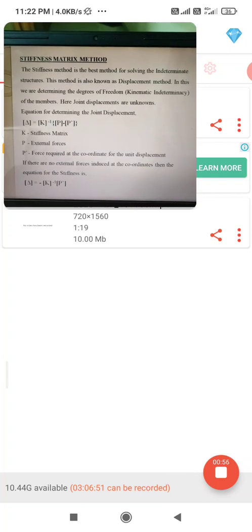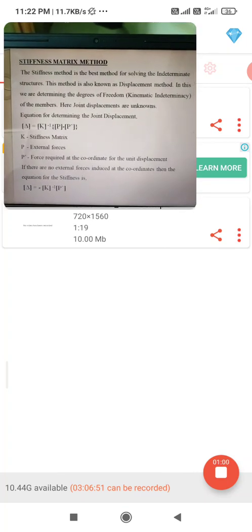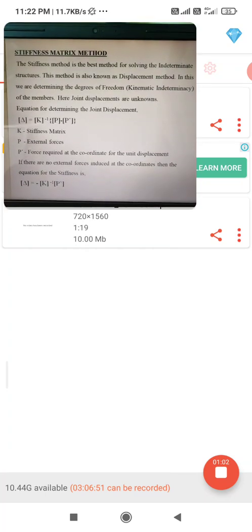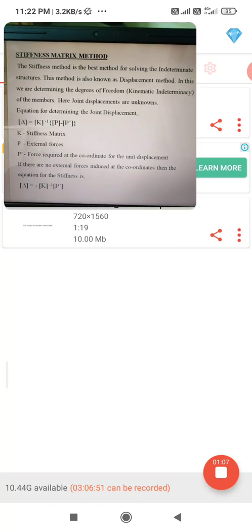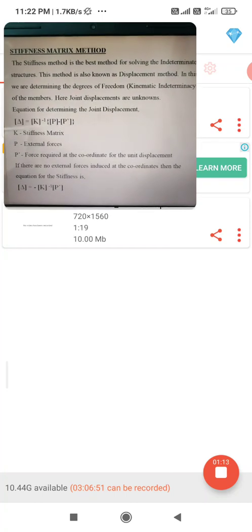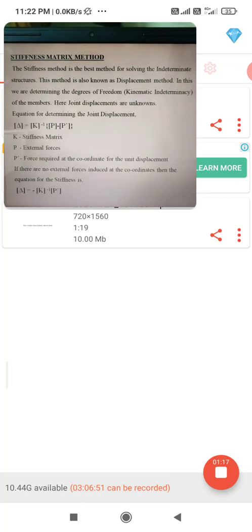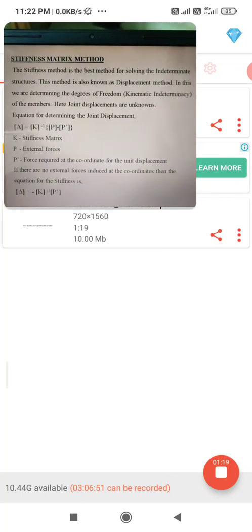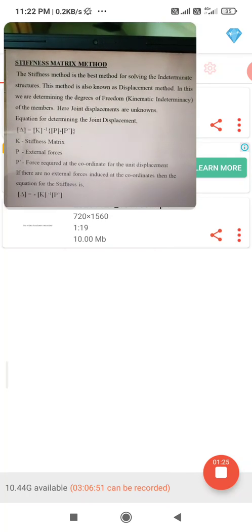The equation for determining the joint displacement is delta equals K inverse (P minus P dash), where K is the stiffness matrix, P is the external forces, and P dash is the force required at the coordinate for the unit displacement. If there are no external forces at the coordinates, then the equation is delta equals minus K inverse P dash.